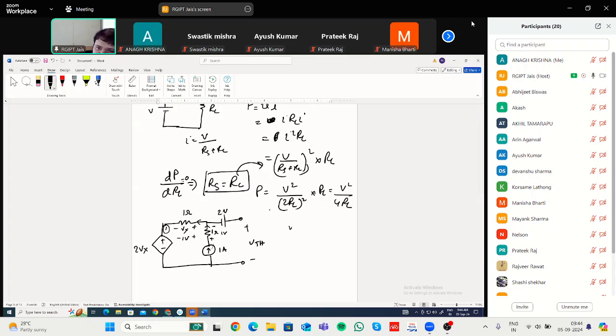And this Vx is also equal to 1 volt, because Vx is in the same direction and the magnitude is the same. And if Vx is 1 volt, then this will be 2 multiplied by 1, that is 2 volt.